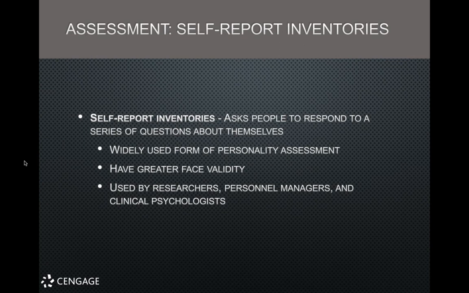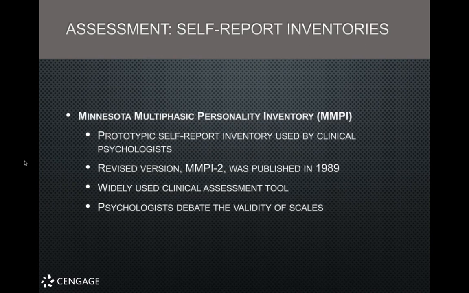The other practical value is the self-report inventory, asking people to respond to a series of questions about themselves. It is a widely used form of personality assessment, and has great face validity. It's used by researchers, personnel managers, and clinical psychologists.